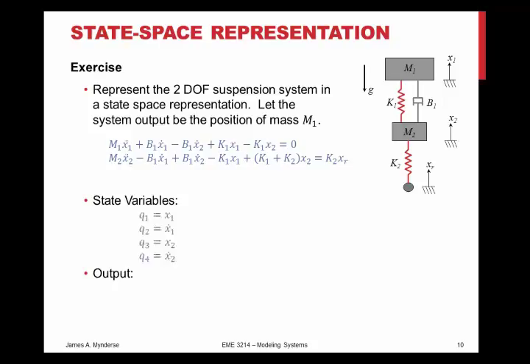So let's choose x1, x1 dot, x2, x2 dot. Excuse me. So if I take derivatives of each of those, you can see that again Q1 dot is equal to Q2 and Q3 dot is equal to Q4. And I'm going to choose that the output is going to be the driver position, which is going to be x1.